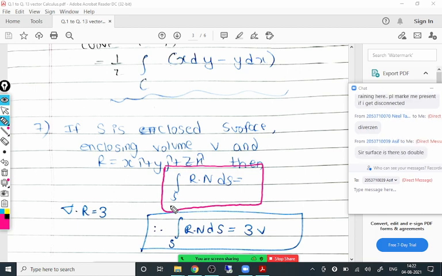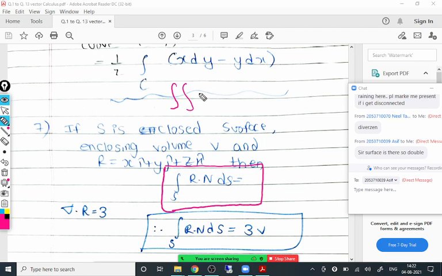Yes, Asif is saying it is a surface, so double. Correct, very good. Even though a single integral is shown, it is a double integral because dS is written on the surface S. So indirectly the question is, what is a double integral?